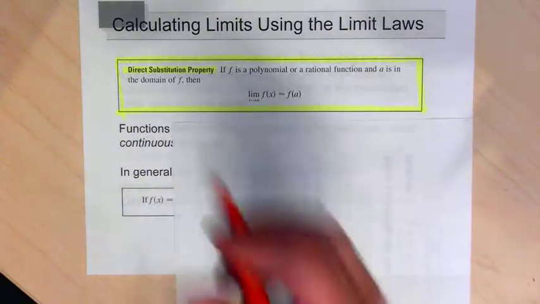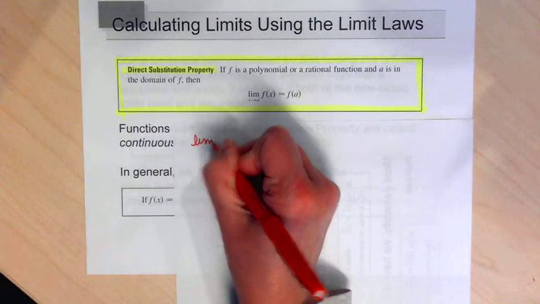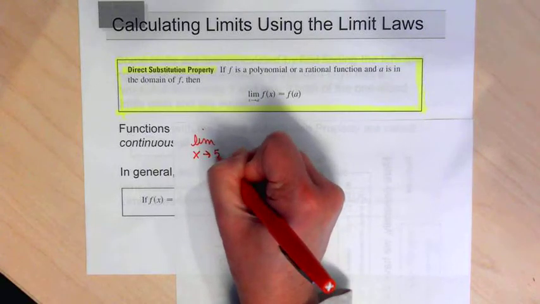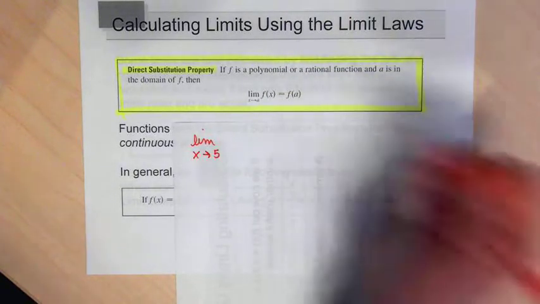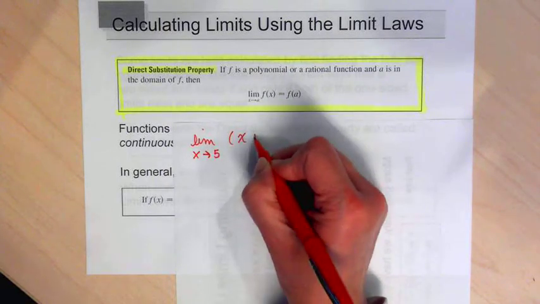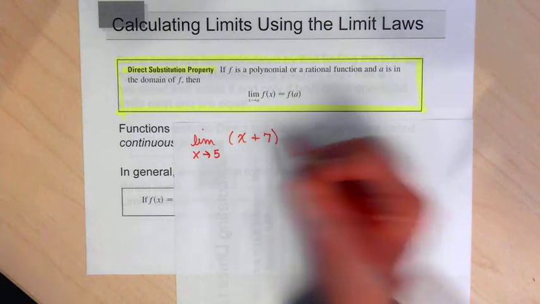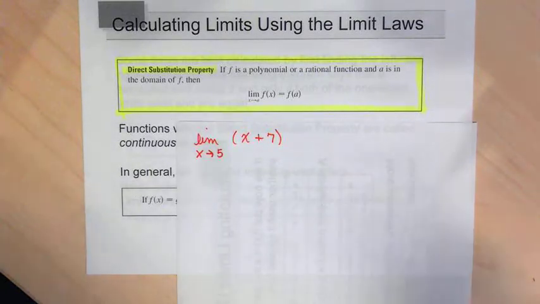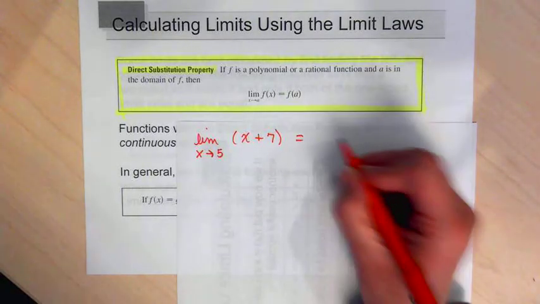If we have the limit as x approaches, let's pick 5, and then let's use some polynomial just to start nice and easy. Let's say x plus 7. The limit of x plus 7 as x is approaching 5 is going to be equivalent to f of 5.